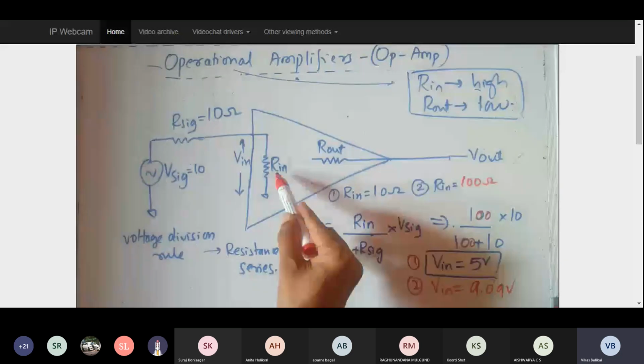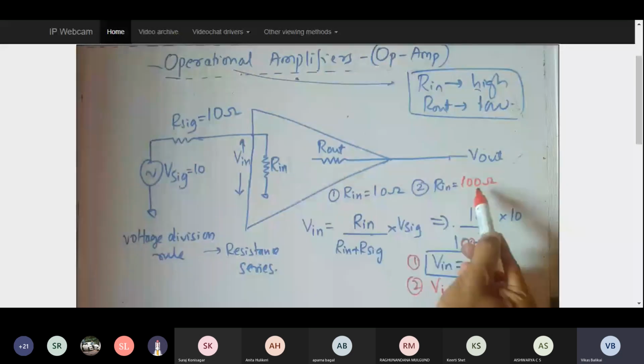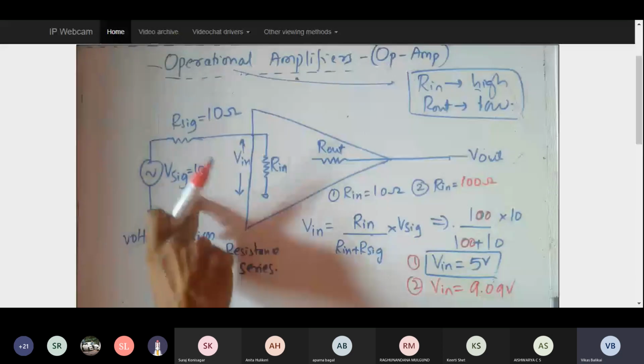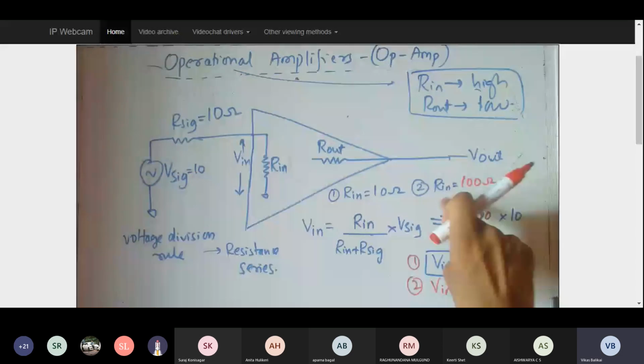But again, I gave 10 volt and 9.09 is still not that good, because I want all the 10 volt to come. So for that let me increase Rin from 100 to 1000. Let's say Rin equal to 1000.